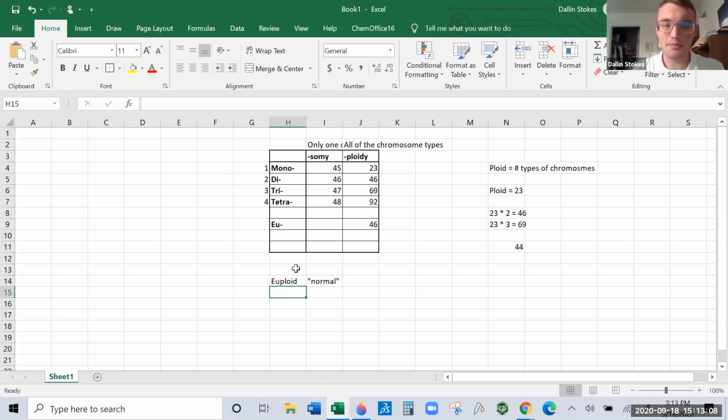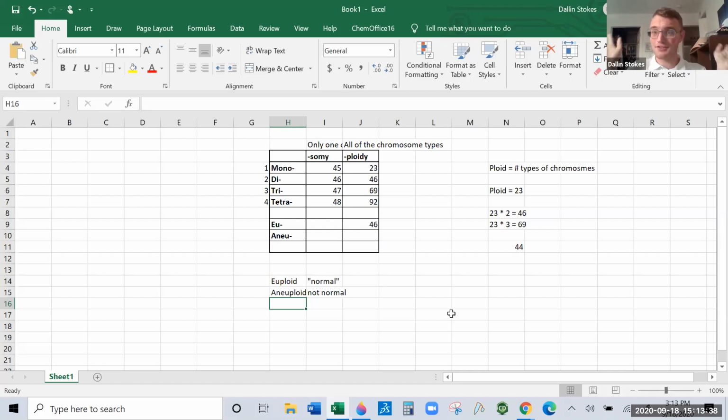The other term is aneuploid. If you are aneuploid, it means the cell has any number of chromosomes that's not normal. So for a human, if they've got 47 chromosomes, they're aneuploid. If they've got 42 chromosomes, they're aneuploid. If they've got 156 chromosomes, they're aneuploid.